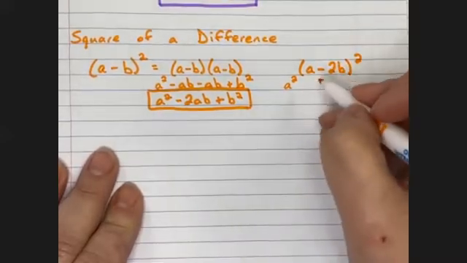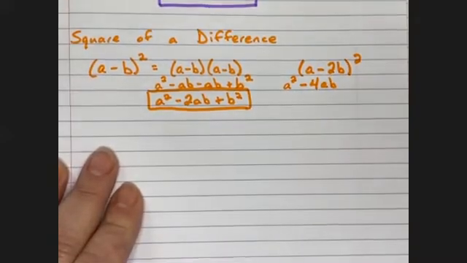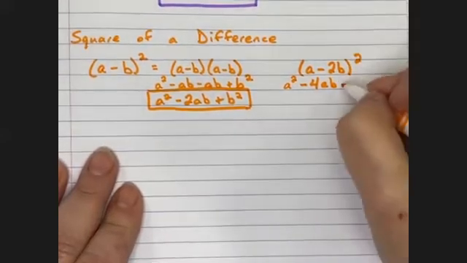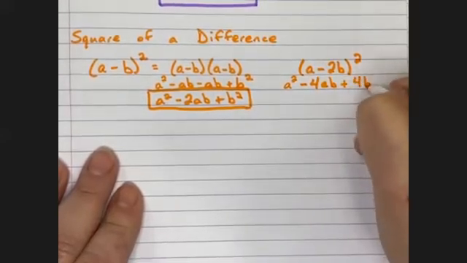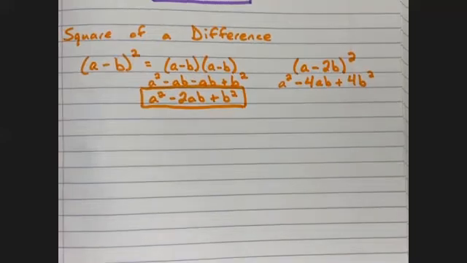So it's going to be minus 4ab. And then it's going to be 2b times 2b. So it's going to be plus 4b squared. So if you can spot and remember these patterns, you can do it a little bit faster. If not, then don't worry about it. Just multiply it out by hand. Once again, you can do it either way.